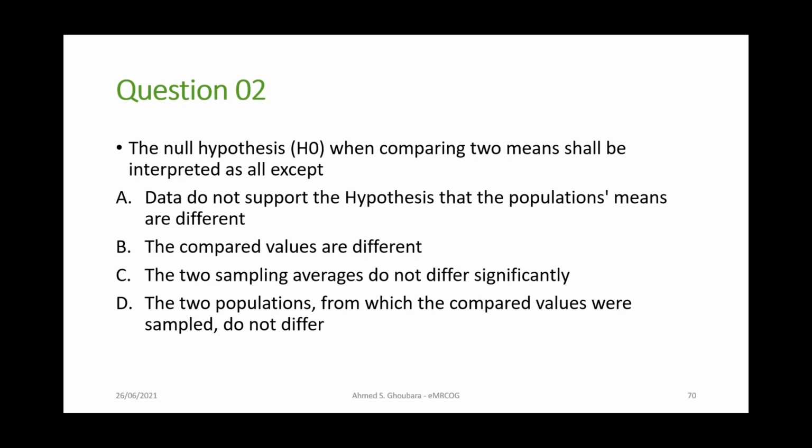A: data do not support the hypothesis that population means are different, or compared values are different; the two sampling averages do not differ significantly; or the two populations from which compared values were sampled do not differ.